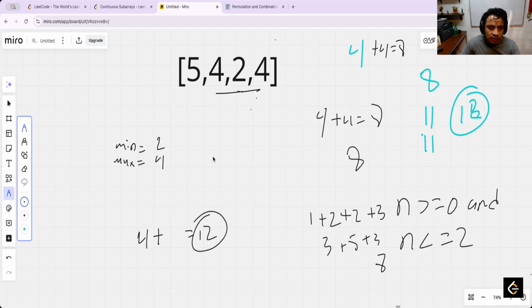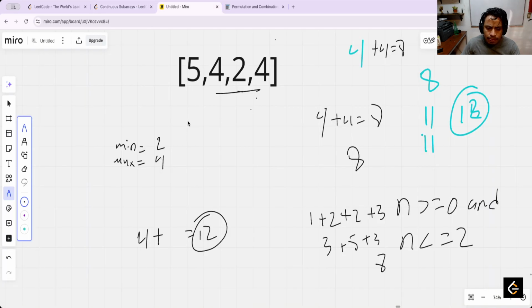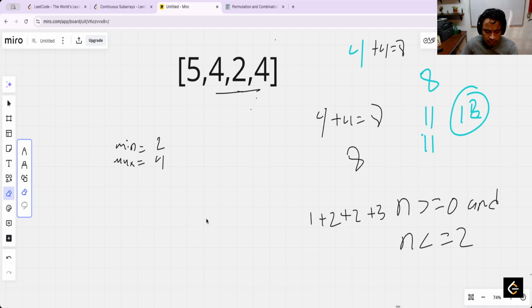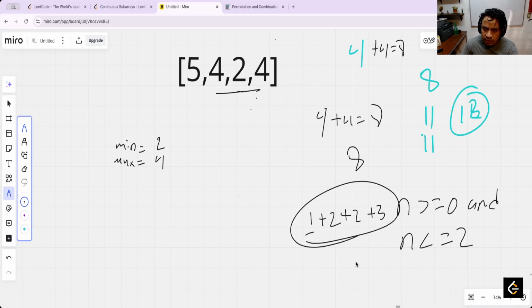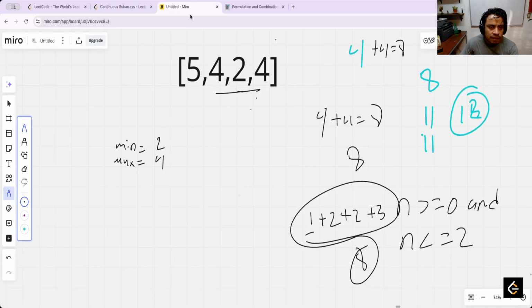This is equal 12. No. Now let me check here. Here is 1. This is 3, 5, 8. Okay. This case, this is the answer of this.